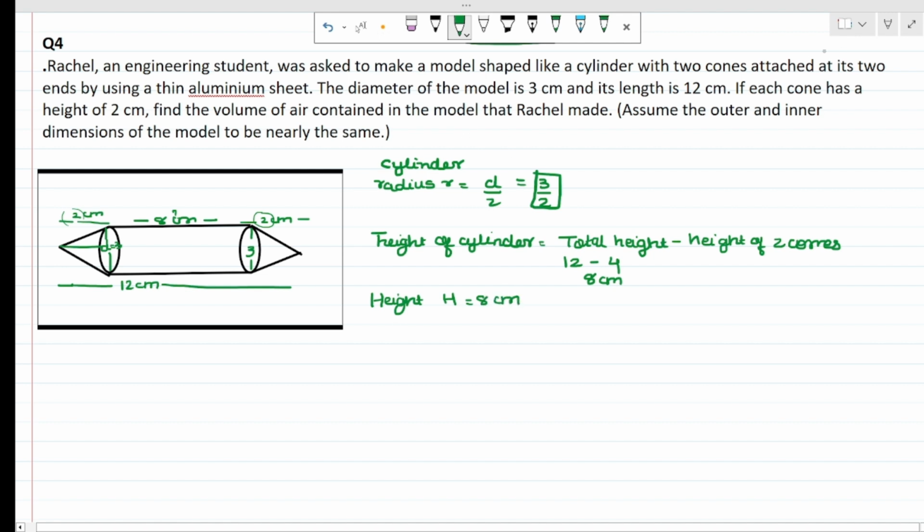Now moving on to the cone information. r will again be 3 upon 2, whereas the height of the cone, denoted by small h, is 2 centimeter.